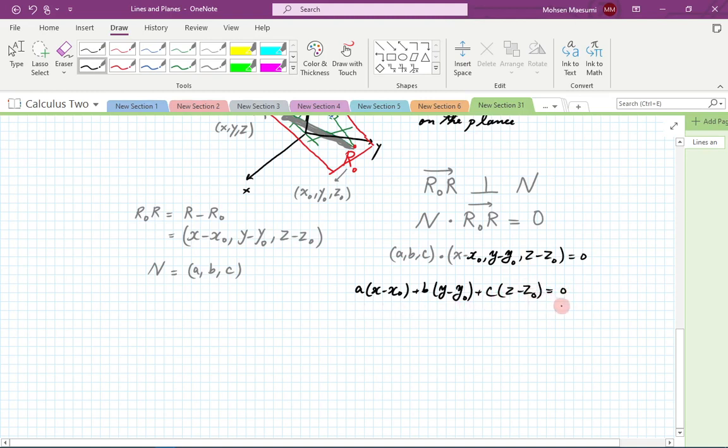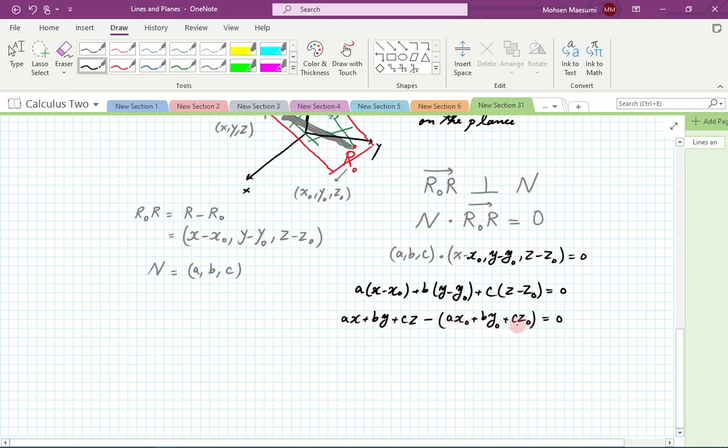Now sometimes we want to clean this up. x, y, z are the variables, so I separate them: ax plus by plus cz, and the rest of them are constants. ax0, by0, cz0, and they're all being subtracted. So maybe I pile them all: ax0 plus by0 plus cz0. Now all of these constants might be combined into a single name.